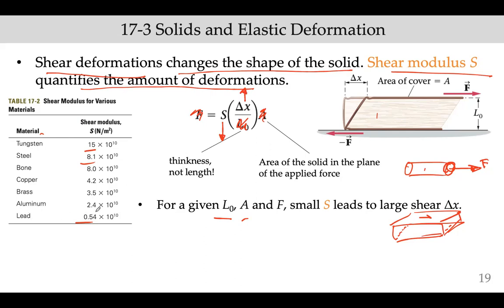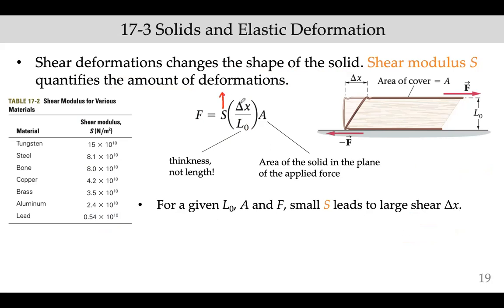In this case, lead has the least shear modulus in this table, so it will deform the most. But if you look at tungsten and steel, because their shear modulus is large, their deformation will be smaller. So again, this L0 is thickness, it's not the length.